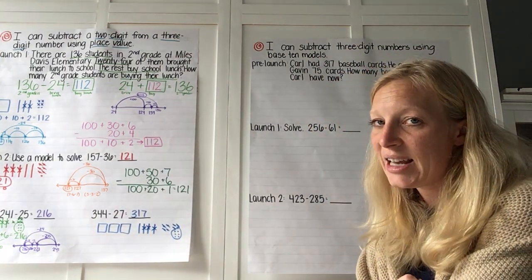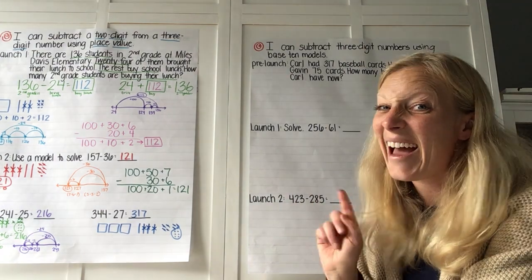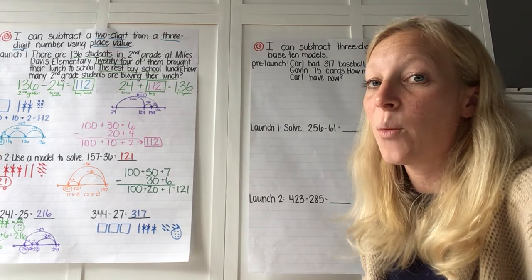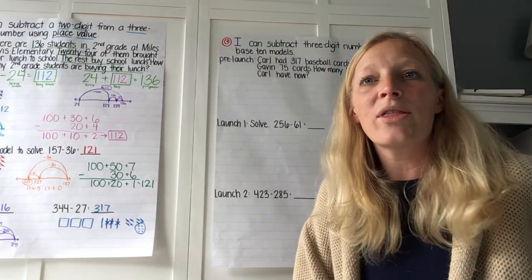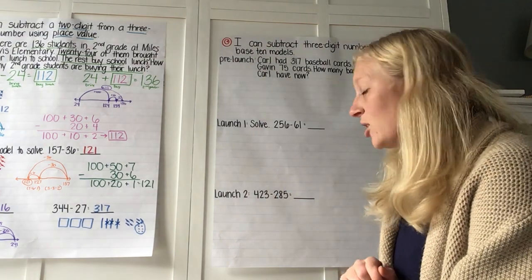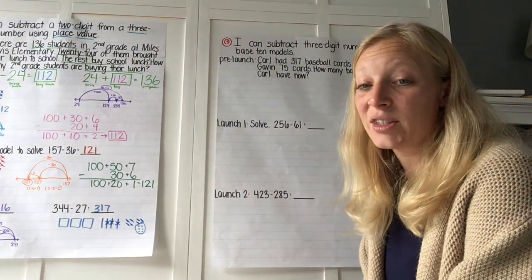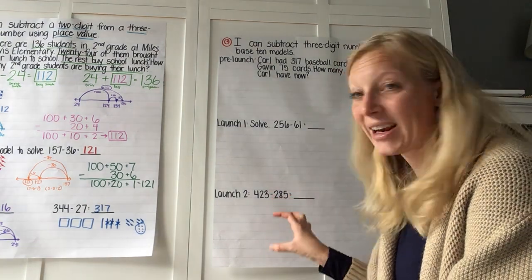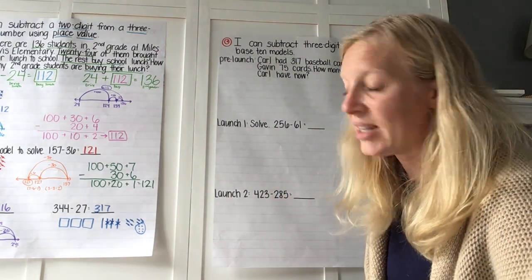I looked at that today with you all because we're going to be using that kind of idea to help us make sense of this work. And we actually are going to warm up with a couple 3-digit take away 2-digit, and then we'll do this one together, and then you're going to have some more 3-digit subtraction on your own. So we're going to put to practice this at your seats when we get there.